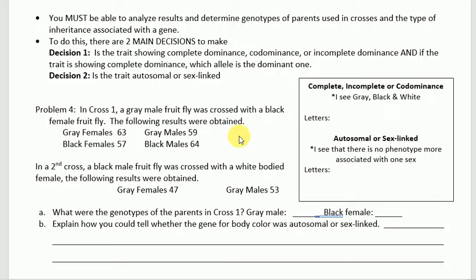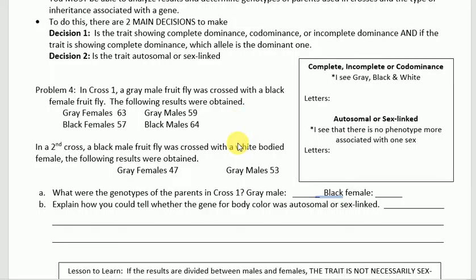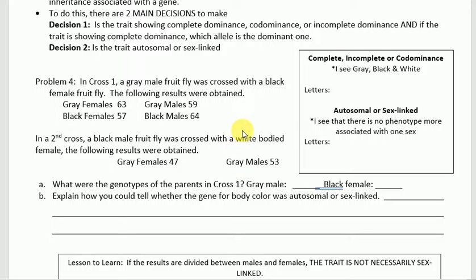So, let's look at this. In cross 1, a gray male fruit fly was crossed with a black female fruit fly. The following results were obtained. So we have gray and black. So is it complete, incomplete, or codominance?